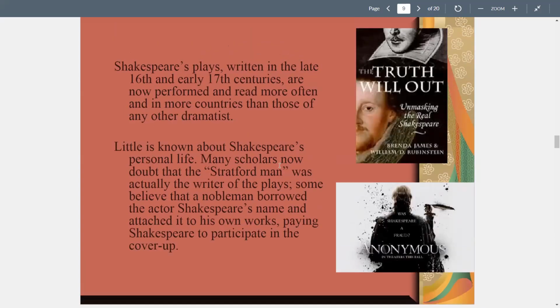We also know that a lot of times playwrights would collaborate with each other, just like writers collaborate with each other today. But the difference is that the person who did the most work was the one who was attributed to the play. So scholars have found parts of Shakespeare's plays that do not sound like they're in his voice.